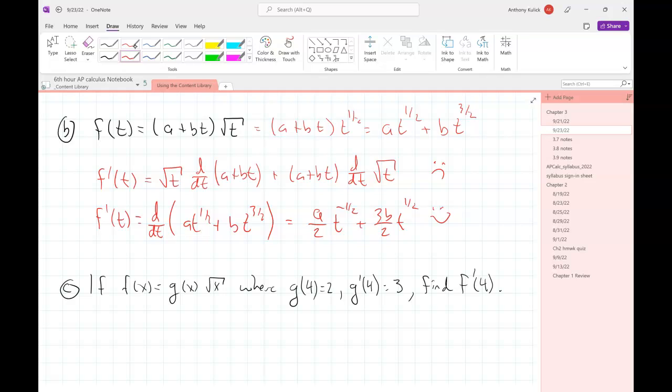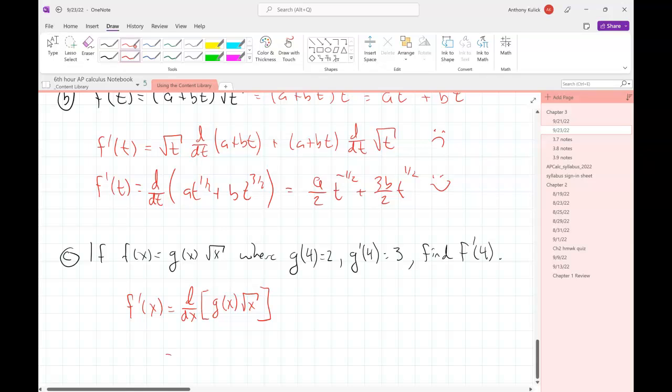We're told g of 4 is 2, g prime of 4 is 3, and we're asked to find f prime of 4. Well, it stands to reason I'm going to want to calculate the derivative for f of x in general, and then just plug in the 4 at the end, right?